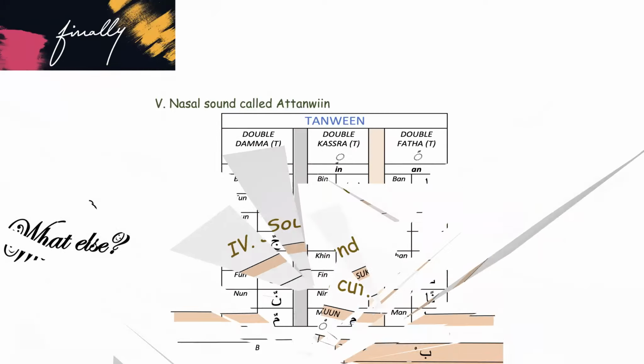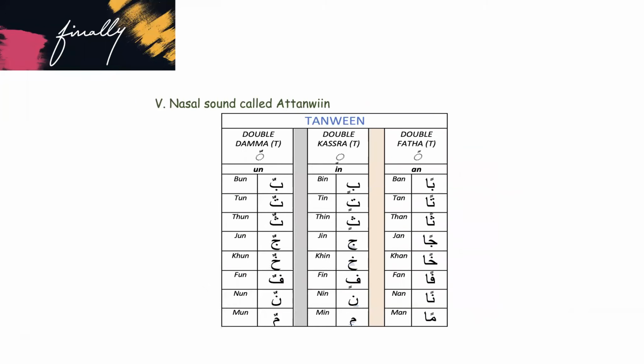And the last one is when we are dealing with the nasal sound called tanween. Tanween means that we add the N letter to the three main sounds A, E, or U whenever they are repeated twice. For example, in the case of the fatha, we need to have it repeated twice.